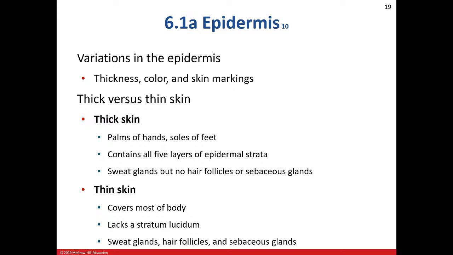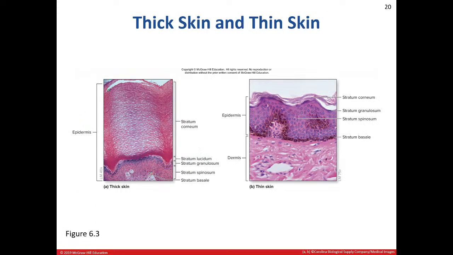Thin skin, on the other hand, lacks the stratum lucidum, but we will find sweat glands, hair follicles, and sebaceous glands. All the normal skin structures are found in thin skin. In thick skin, all you have are sweat glands. You can remember, of course, the palms of your hands and the soles of your feet do sweat.